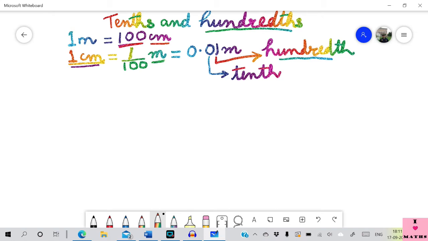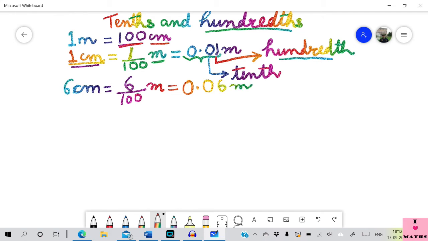So we can write it in the decimal form as 0.01 meter. Now 6 centimeter means 6 parts out of 100 equal parts of a meter. So that is written as 0.06 meter.